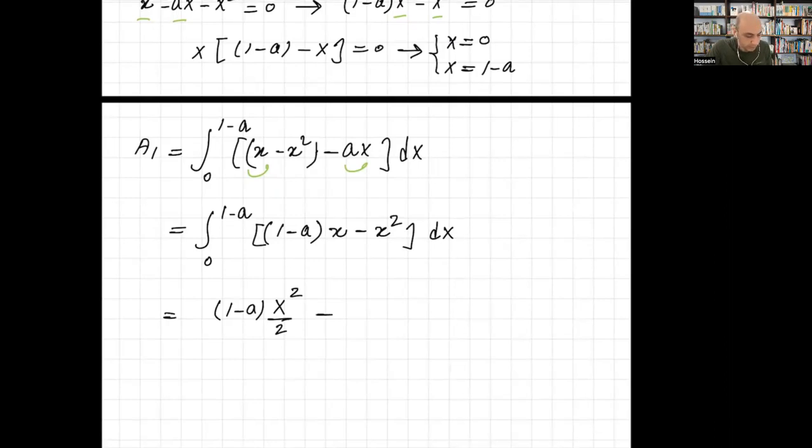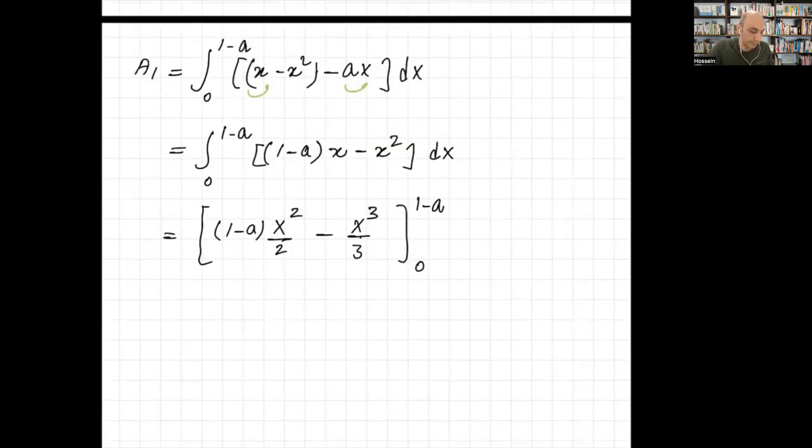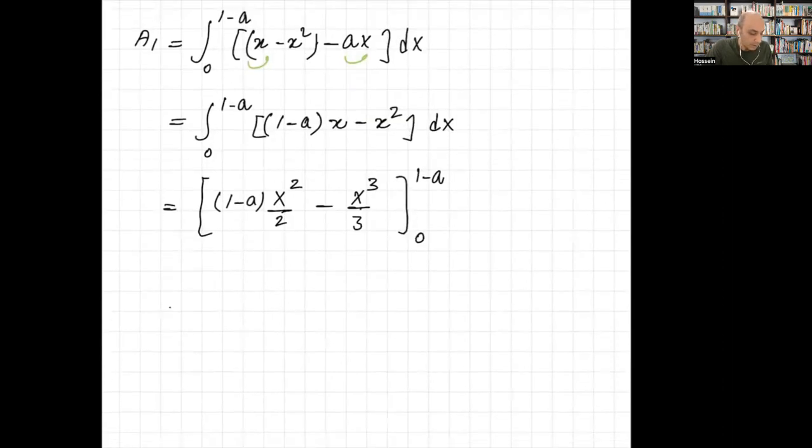So minus x cubed divided by 3. And then the limit of integral is from 0 to 1 minus a. If I put 0 in the lower limit, both terms are going to be 0. So that makes my life easier. So I'm going to put the upper limit 1 minus a and substitute that into the equation.